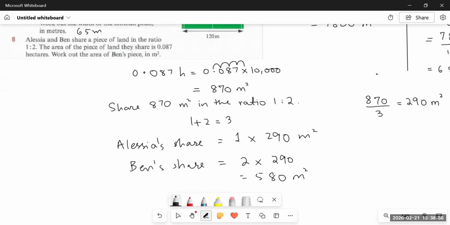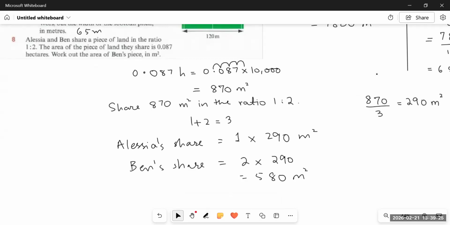Then we divided it into 3 parts because one part goes to Alicia, 2 parts go to Ben. We got 290, so each part contains 290 meters square of land. Since Alicia gets one part only, she will get 290 meters square of land. And Ben will get 2 parts of the share, so he will get 2 multiplied by 290 and that's 580 meters square.